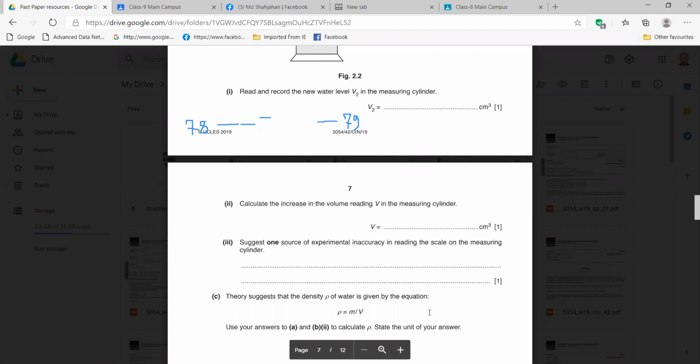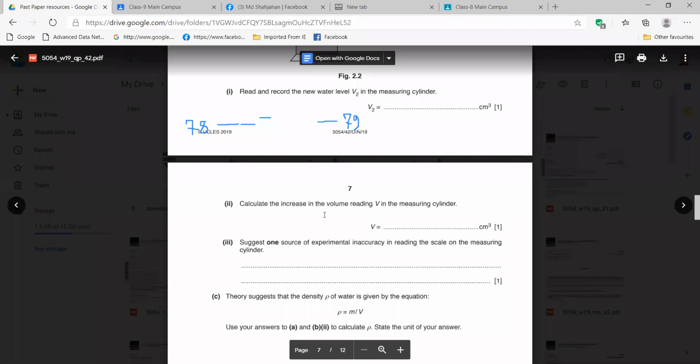So what is the volume? 79 minus 65, sir. 24, sir. Is it 24? Can you check again? 79 minus 40, sir, I guess. 79 minus 65, oh sorry, sir, it's 14, I guess.